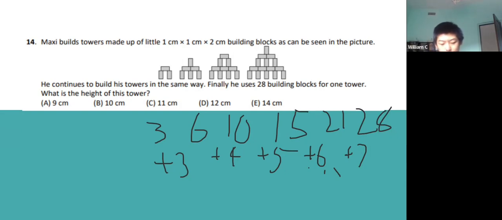So the first tower has a height of 2. Second tower has a height of 3. Wait, no. First tower has a height of 3. Second tower has a height of 5. Third tower has a height of 6. And so on. Notice that we add 2, then add 1.